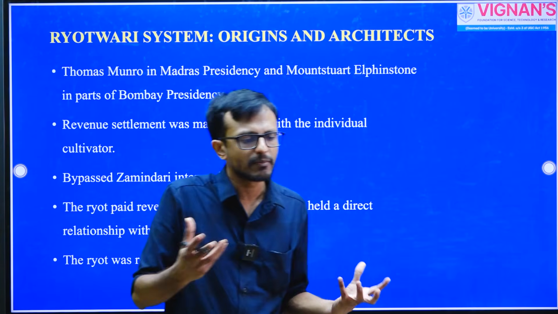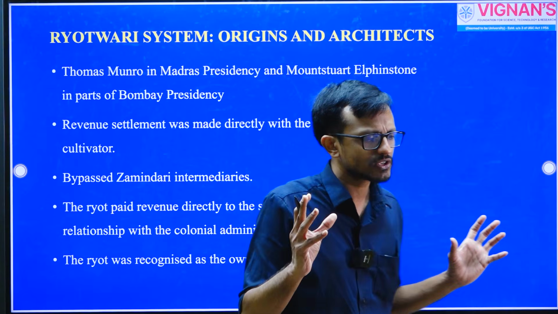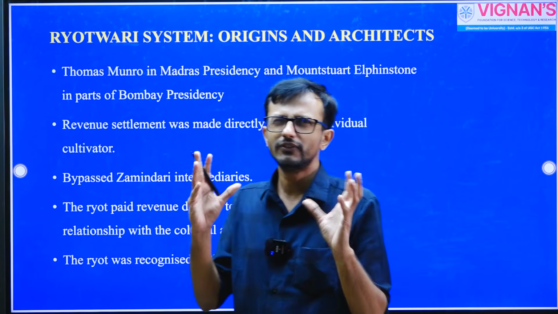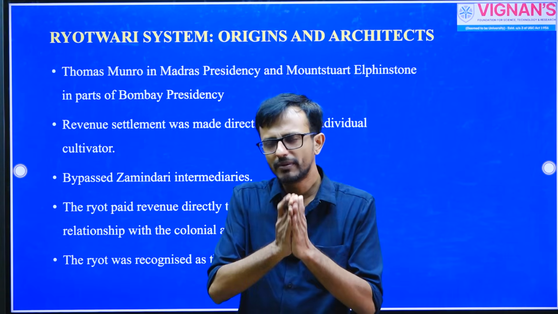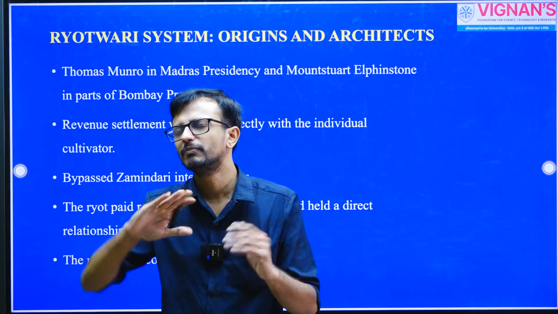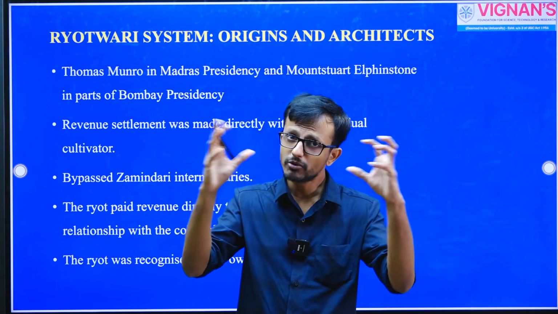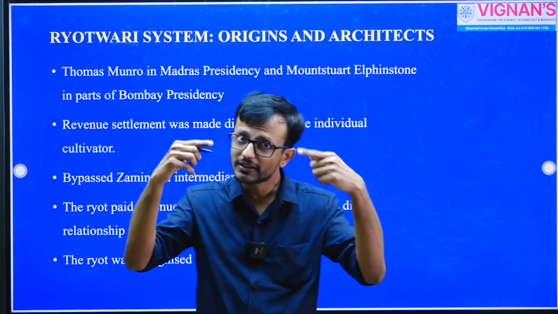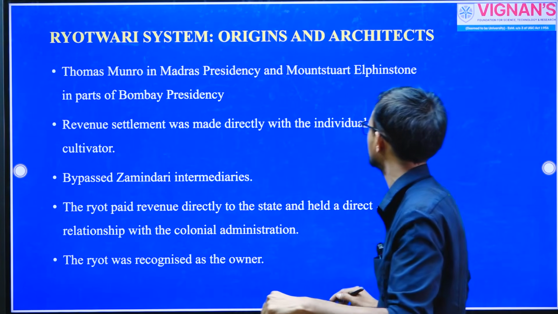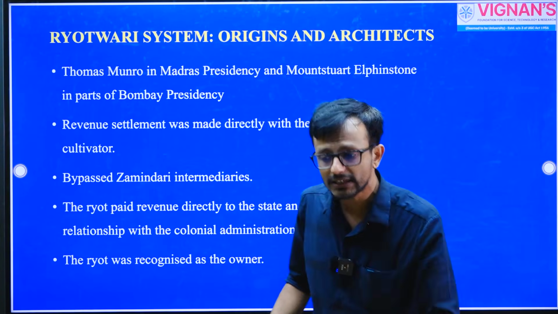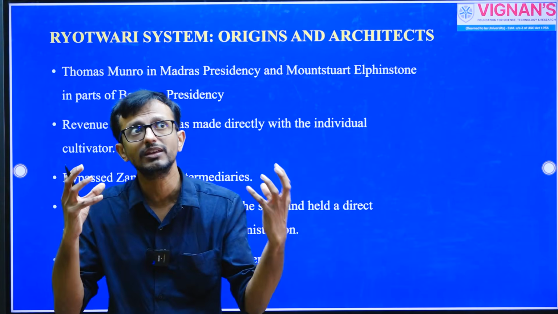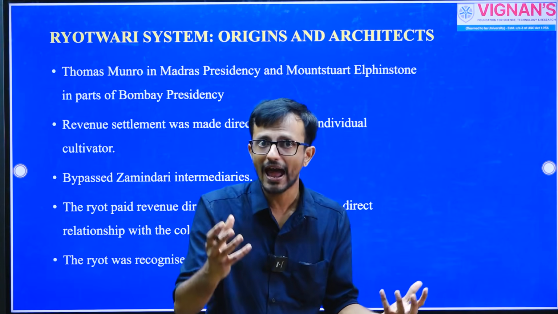And that is why the Ryotwari system also emerged, because when you see the timings of permanent settlement and Ryotwari settlement, there is almost a 20-year or 25-year gap, because permanent settlement is being implemented during 1796 and Ryotwari settlement is getting implemented around 1815. This is also the time when certain colonial officials such as Thomas Munro and a person known as Elphinstone are criticizing the permanent settlement, and they are saying that to change the system, you have to give actual ownership of the lands to the peasants.